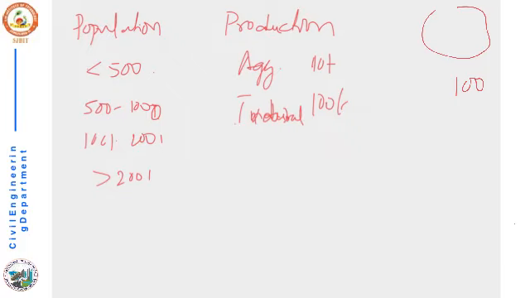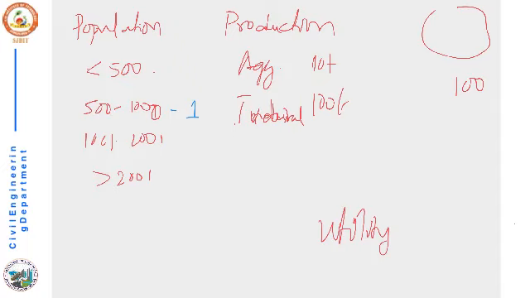Next, the population and the productivity have to be assigned a number, which is generally termed the utility of the region. Let us say I'm giving the utility for the region where the population is between 500 to 1000 the utility value as 1.